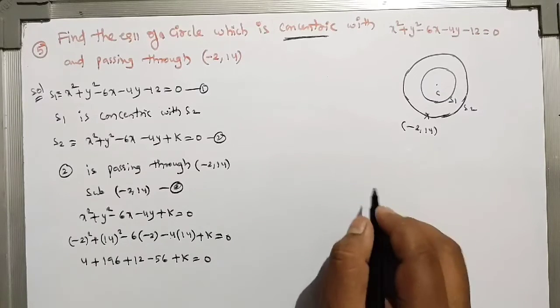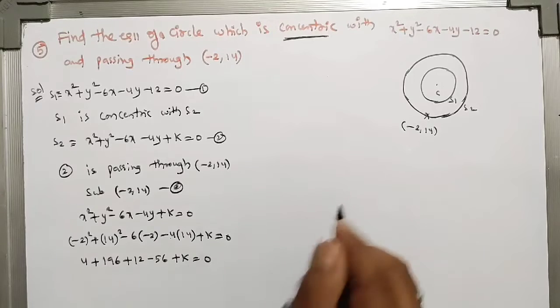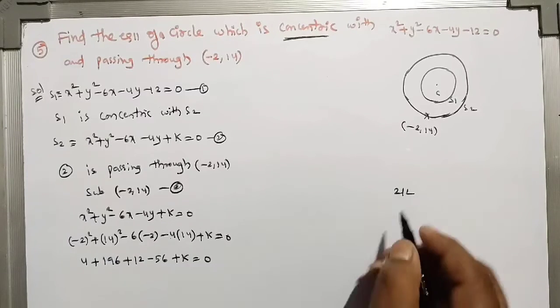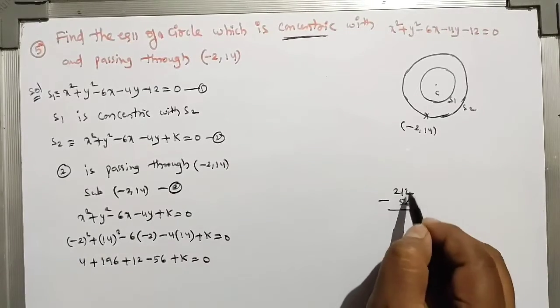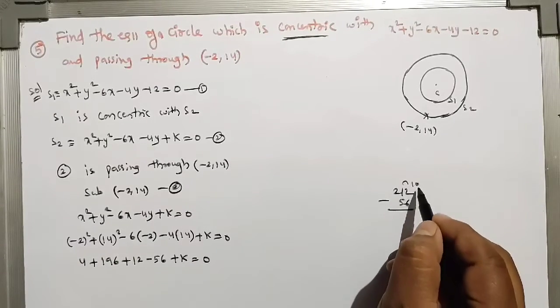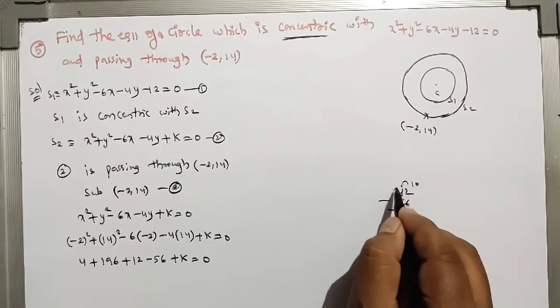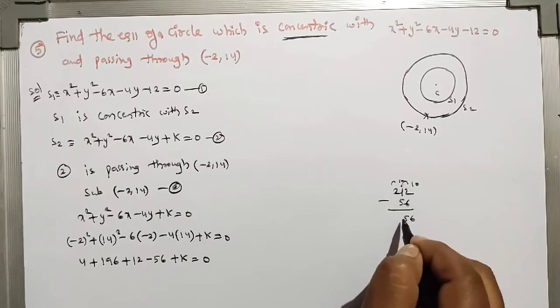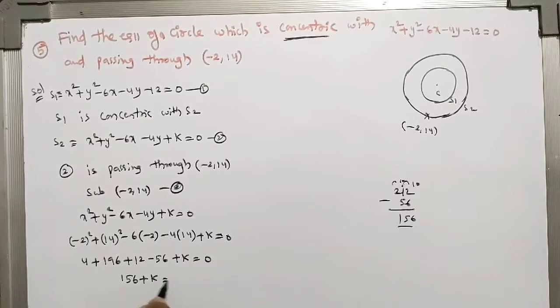So 196 plus 4 is 200, 200 plus 12 is 212, 212 minus 56 is 156. Therefore 156 plus k is 0. Therefore k is equal to minus 156.